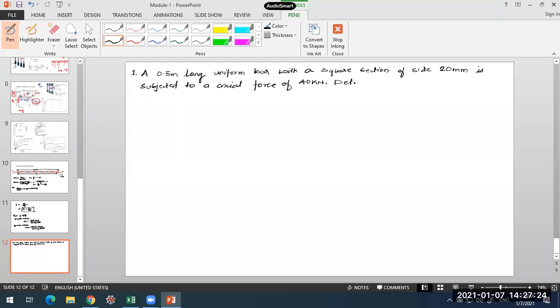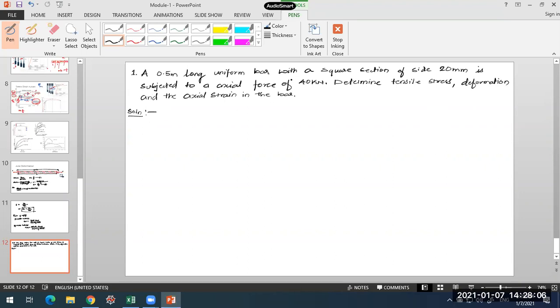So that is what you need to find: tensile stress, deformation, and the axial strain.